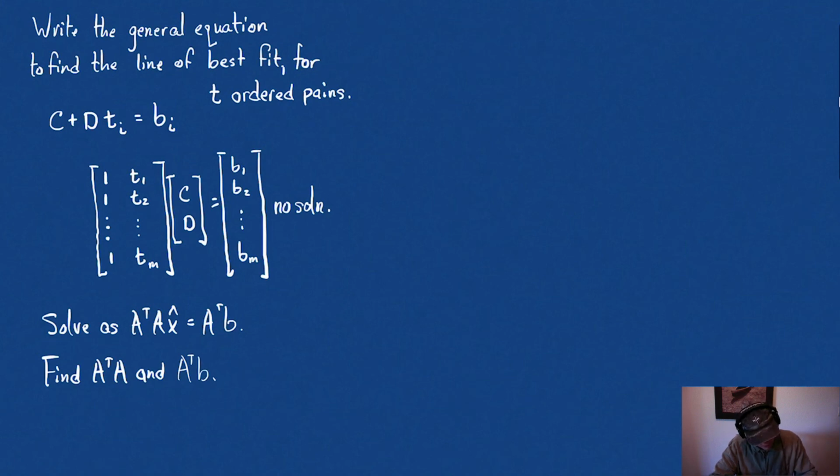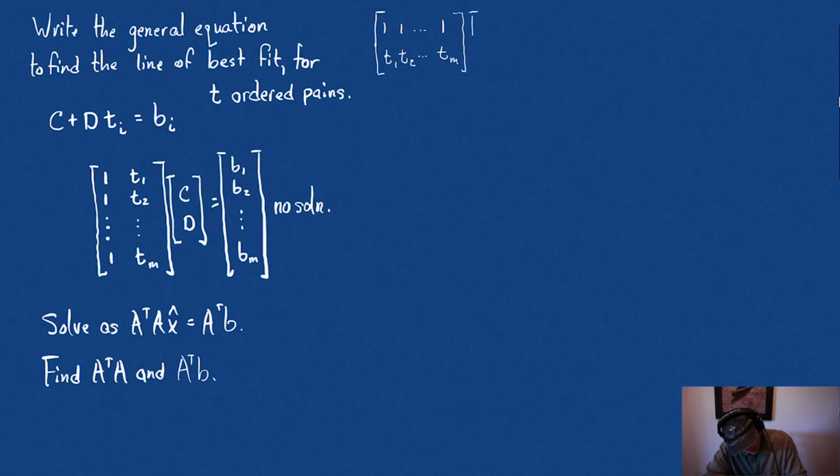So A transpose A. Remember, I'm going to bring it back up here. This is going to be 1, 1, all the way up, M of those, times T1, T2, Tm.